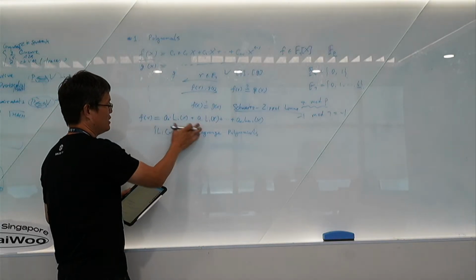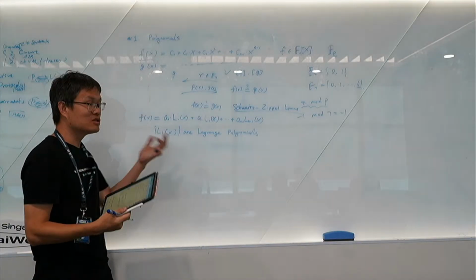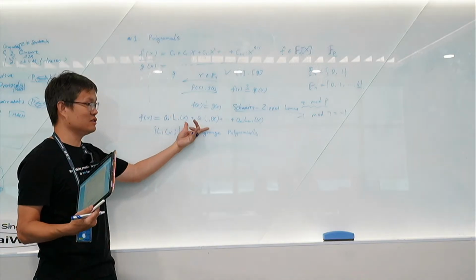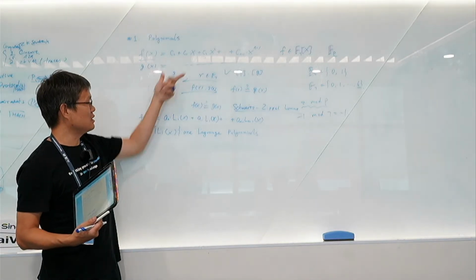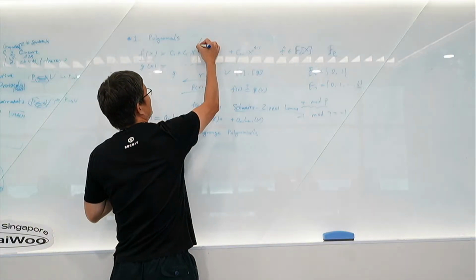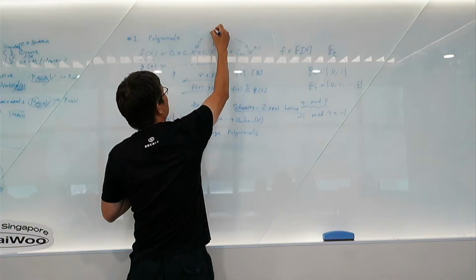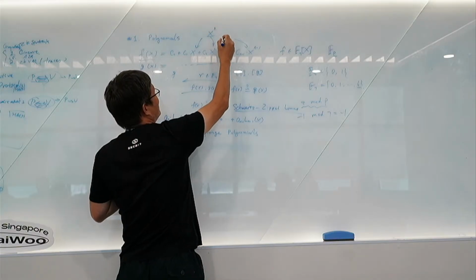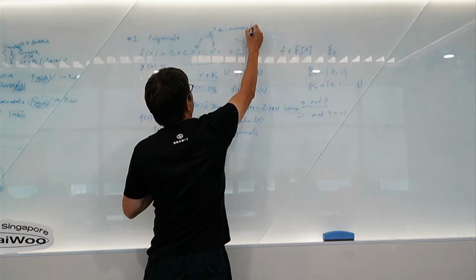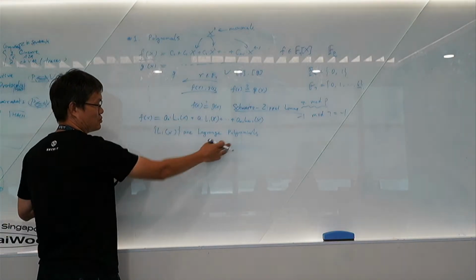Here a0, a1, all the way to a_{n-1} is also the information or vector you want to encode, but in a different way. Before, they were coefficients of x^k, which we call monomials. But here they are Lagrange polynomials.